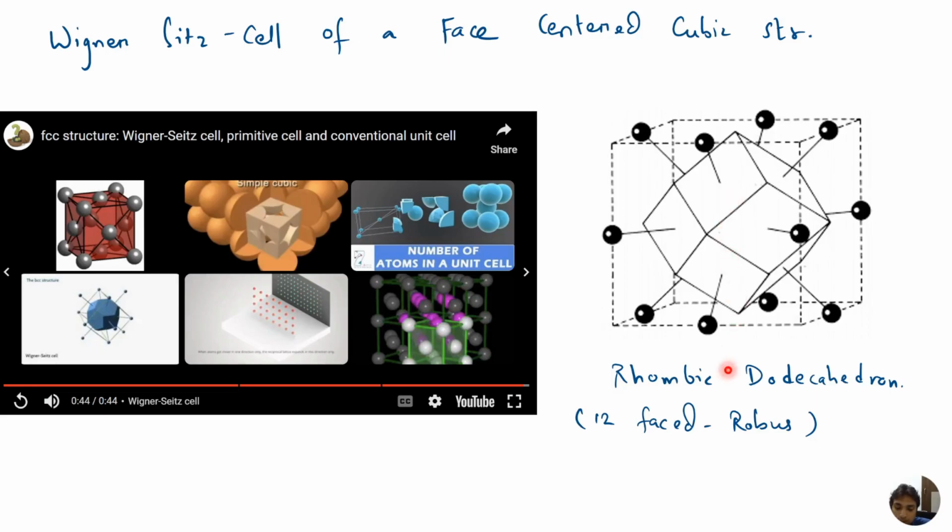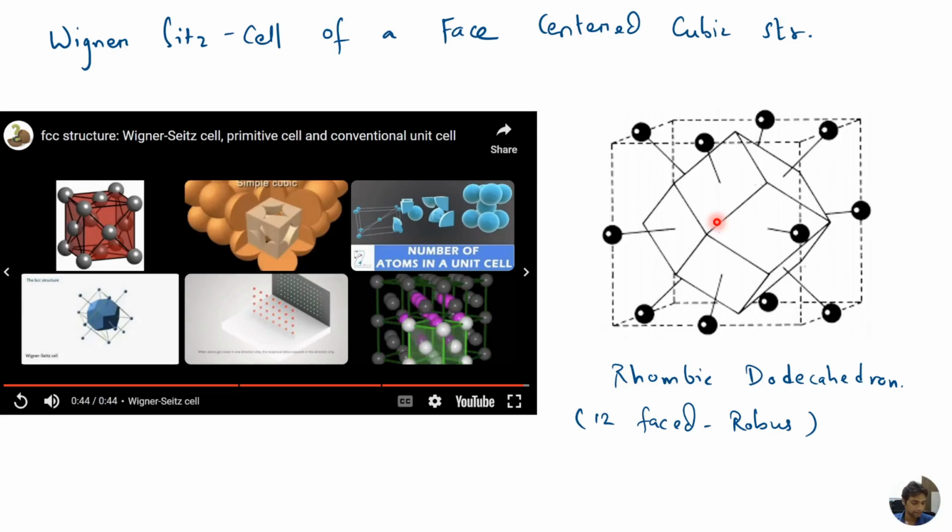So this is called a rhombic dodecahedron, which means 12-faced rhombus. So the Wigner-Seitz cell of a face centered cubic structure is a rhombic dodecahedron. It is characterized by rhombi, and there will be 12 of these faces. Is this clear? If you are not able to visualize, that is also fine. You just have to remember this much information.